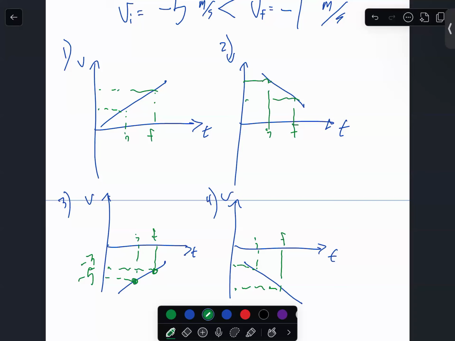The magnitude of the number, the 0 through 9 digit, tells you fast or slow. If a negative 5 becomes a negative 4, 5 meters per second speed becomes 4 meters per second speed, I'm slowing down. Slowing down, positive, increasing velocity.